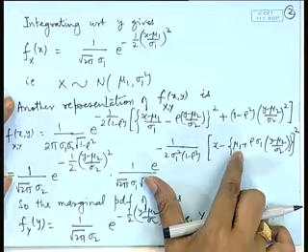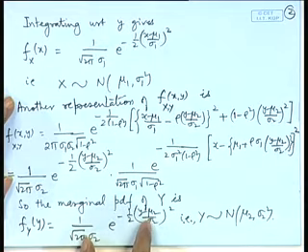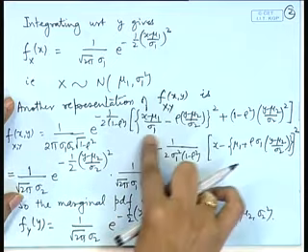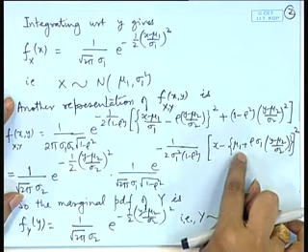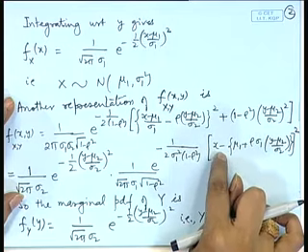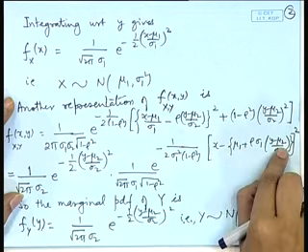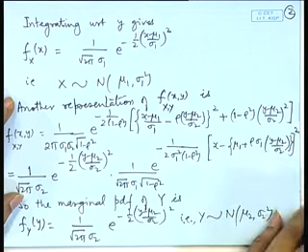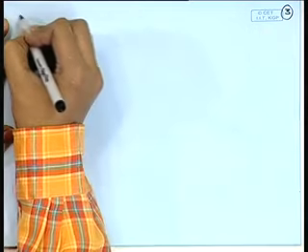From this breakup we can see that if we divide by the marginal of y, this term gets cancelled out and we are left with this particular term, which is nothing but the normal distribution. This proves that the conditional distribution of x given y is normal and the mean and the variance are specified here.